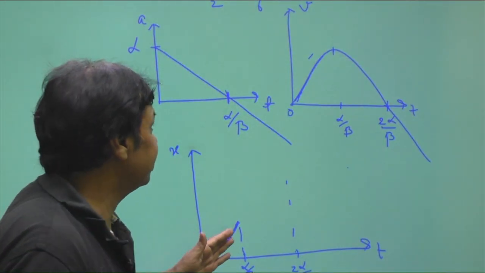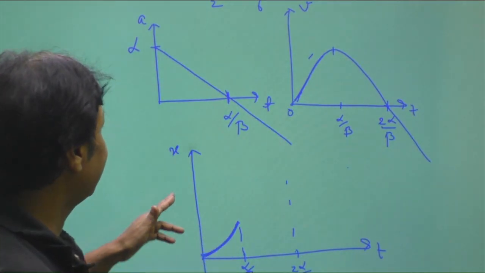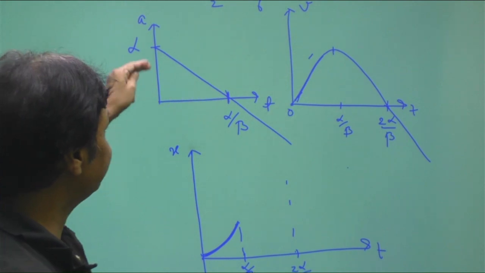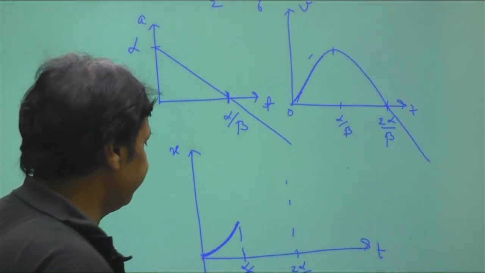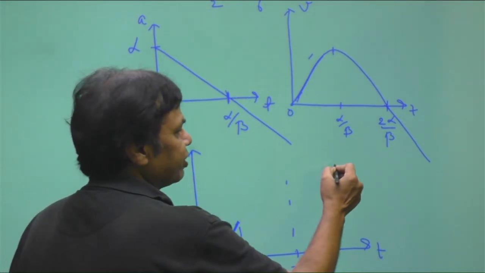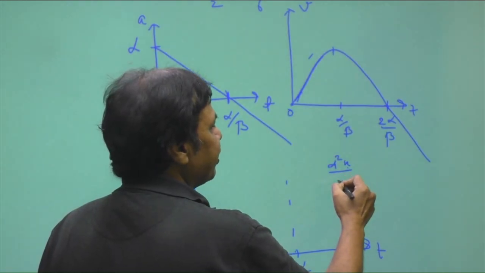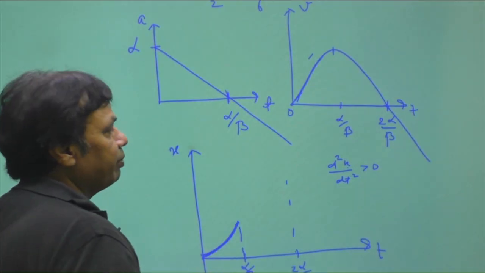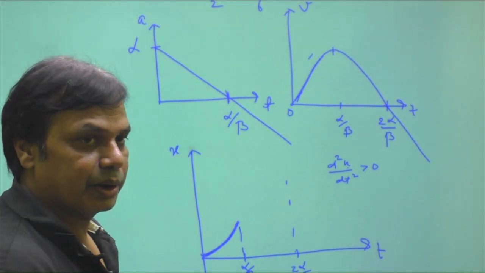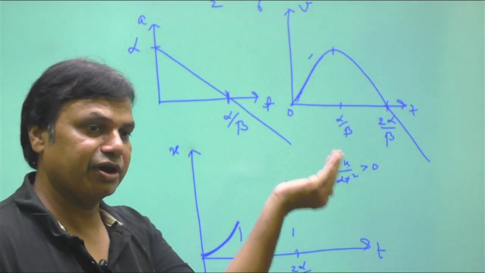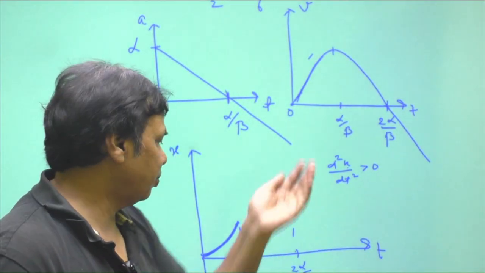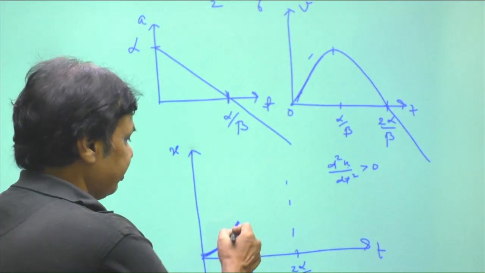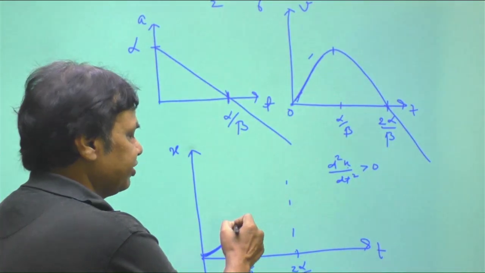because acceleration is positive between 0 and alpha by beta. D2x by dt square in this portion is positive between 0 to alpha by beta. That means the curve should be like this, concave upward, and the concavity of the curve must change at this point.